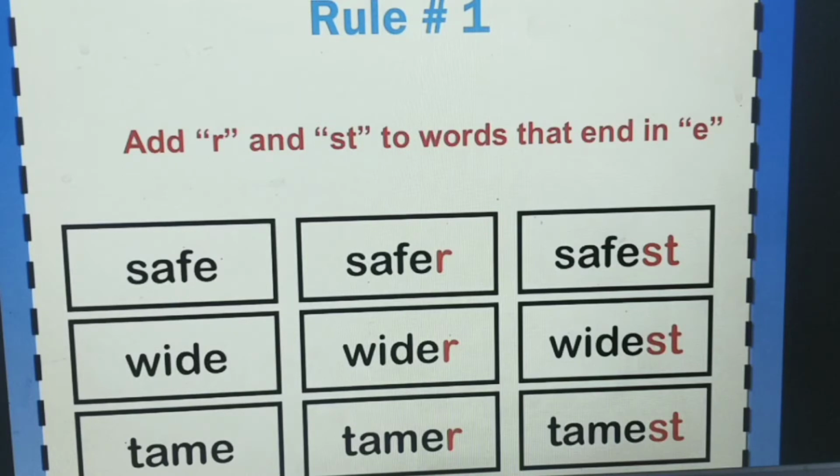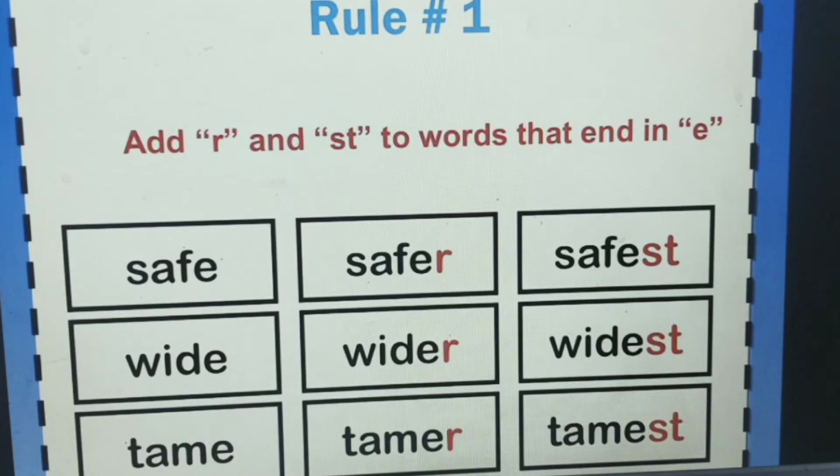Rule number 1. Add R and ST to the words that end in E. Safe, safer, safest. Wide, wider, widest. Tame, tamer, tamest.